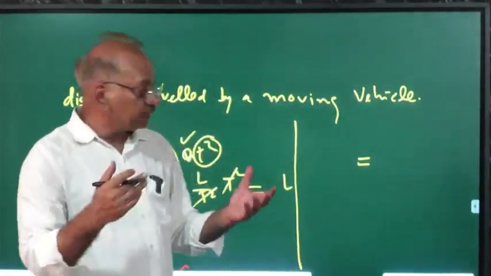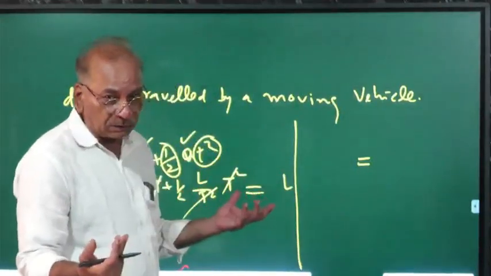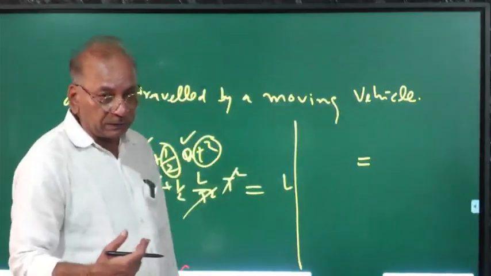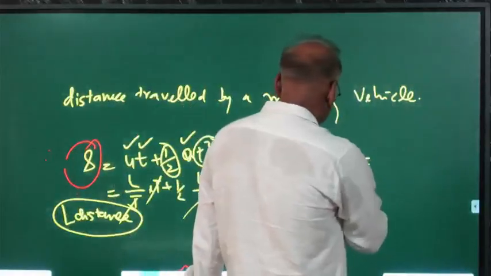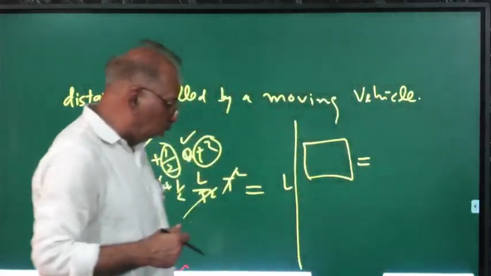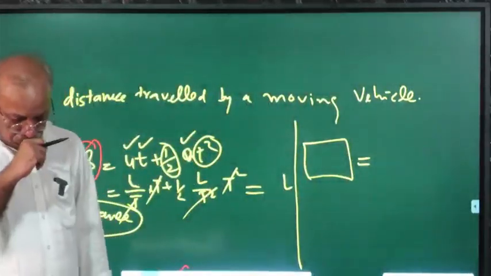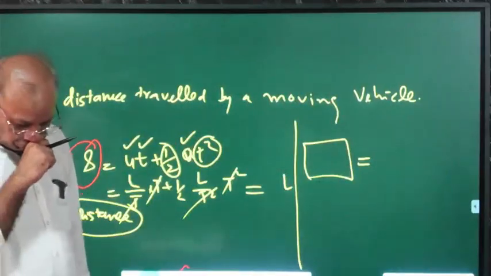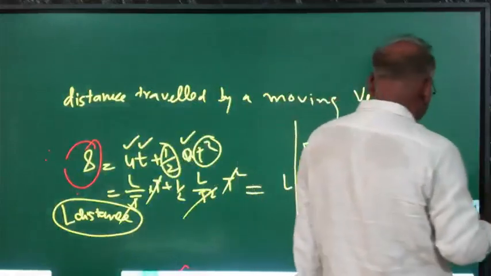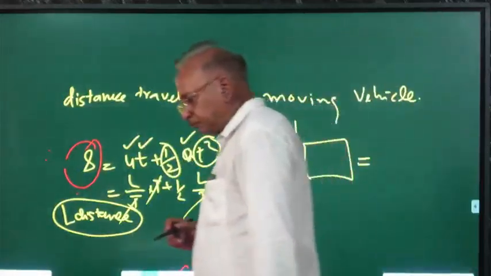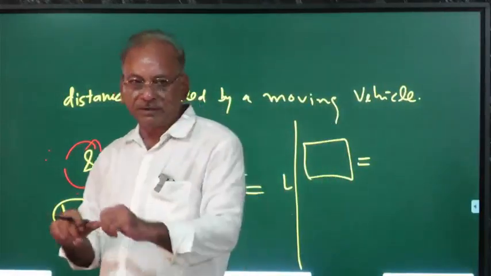To check whether this equation is right or not, we always perform dimensional analysis. Left hand side dimensions are computed and right hand side dimensions are computed, and then they are compared.